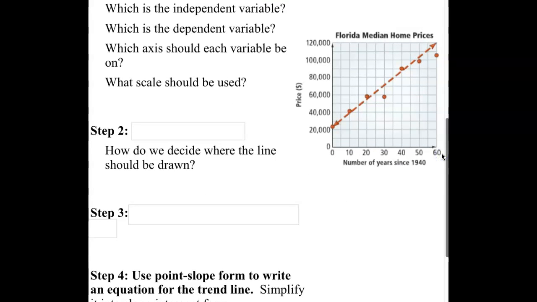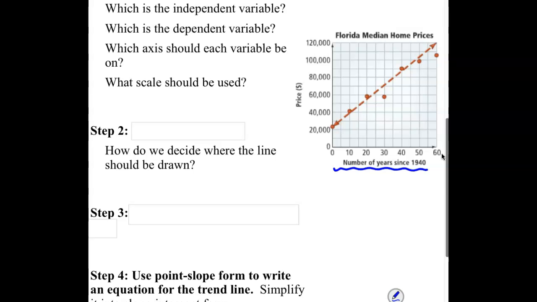Now, one thing I do want to point out to you, this is really common. If you look at your table of values, our first year was what? In that table of values, what was the first year that we had data for? 1940, and then it went to 1950, 1960, right?